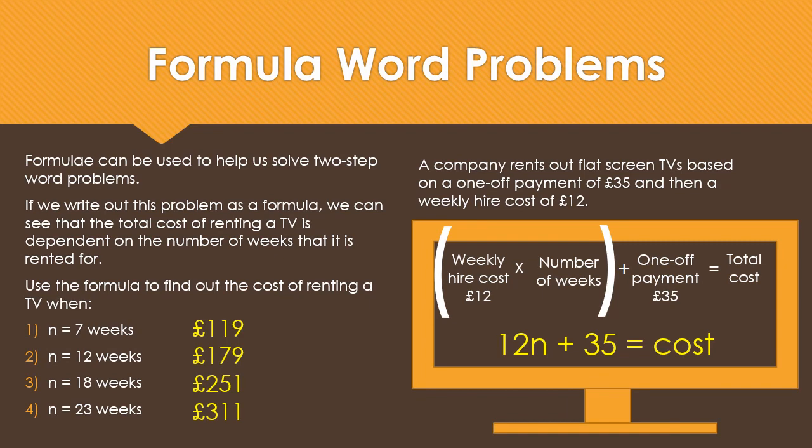So using our formula, that would be 12 times 12, which is 144, plus 35, which equals 179. If you were to hire the television for 18 weeks, again using the same formula, 12 times 18, and then adding 35, you'd pay £251. And if you were to hire it for 23 weeks, you would pay £311. Well done if you managed to get those.